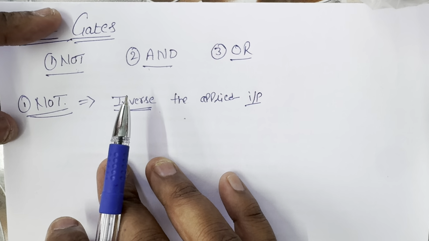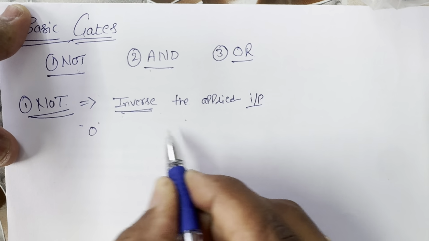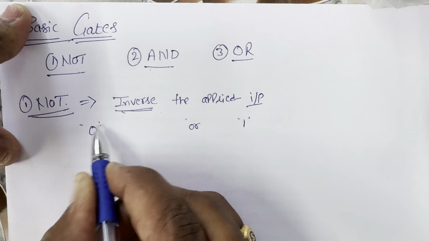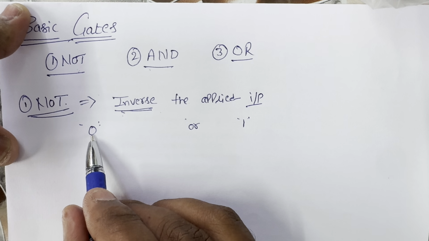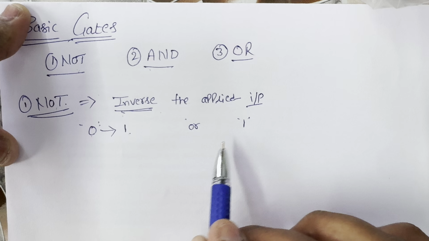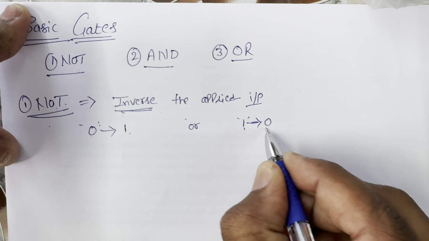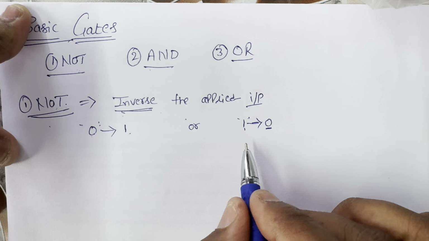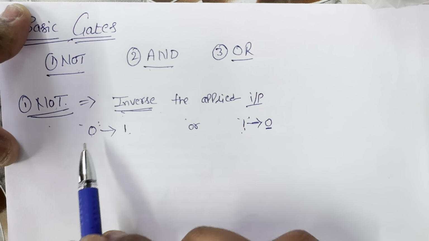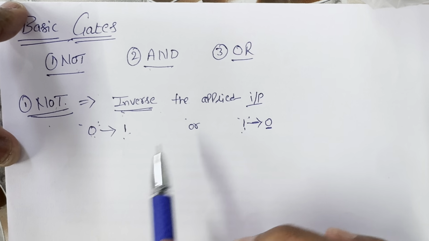We have already discussed that a logic gate consists of inputs that are 0 or 1. When we apply 0 to this NOT gate, the output will be 1. When we apply 1 to this NOT gate, the output will be 0. That means 1 is changed to 0 and 0 is changed to 1. This is the main purpose of the NOT gate, to inverse the applied input.